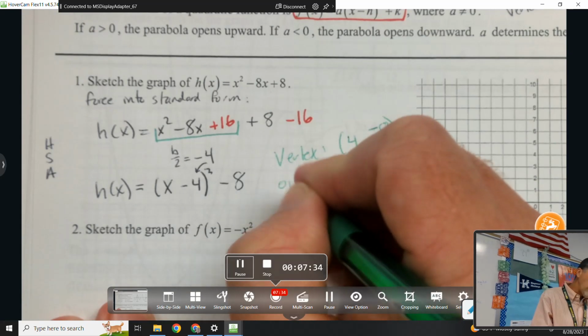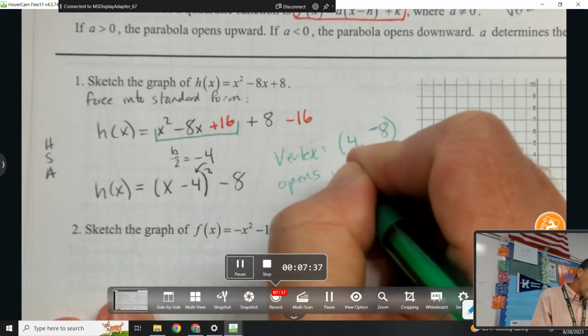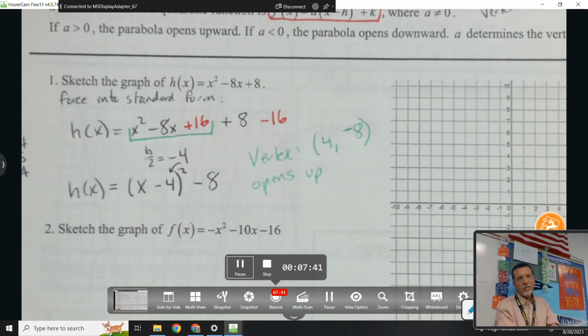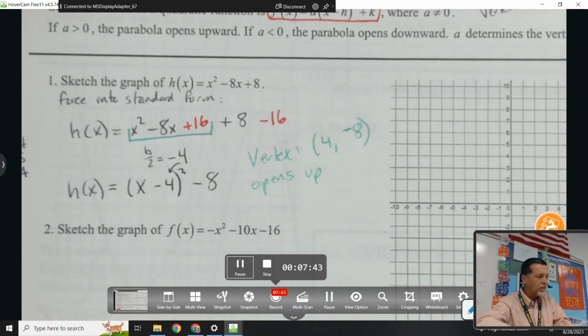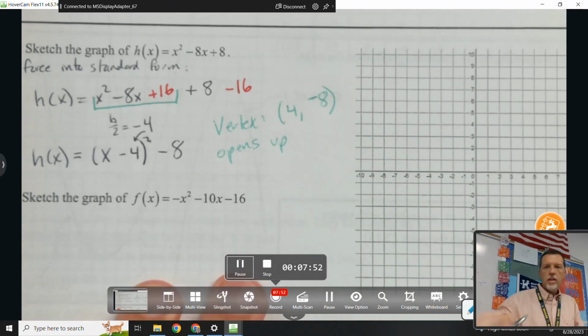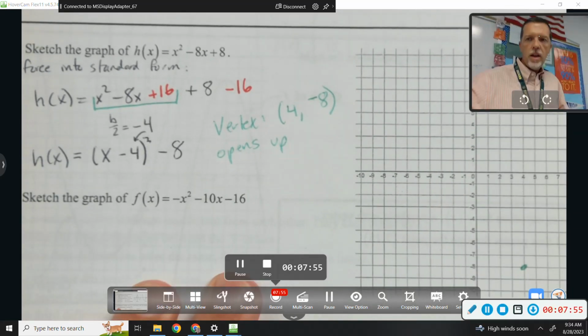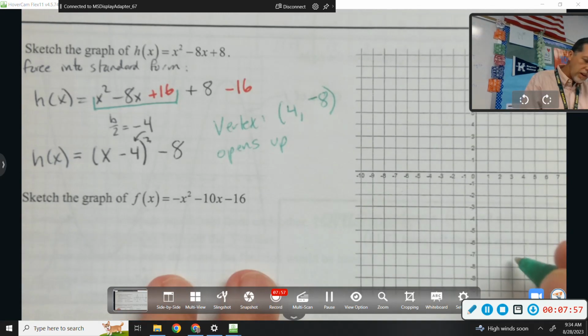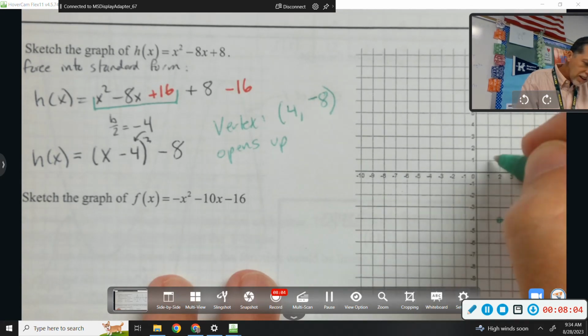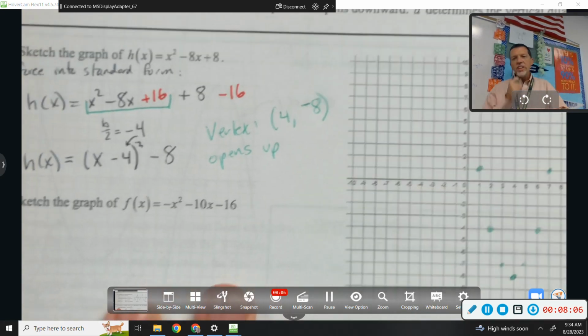And it opens up because a is positive. And there's no multiplier out front, so I don't have to do any stretching or squishing going on here. So let's go to 4, negative 8. And then we know a parabola does 1, 1, 2, 4, 3, 9, and so on. 4, 16, 5, 25.